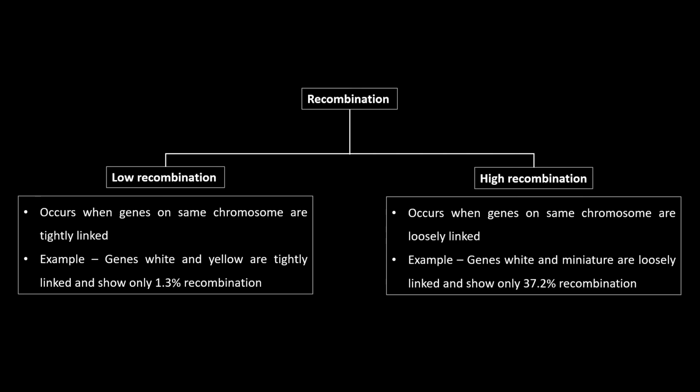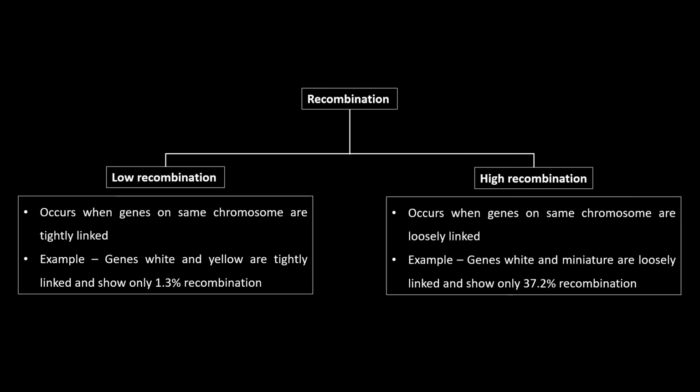Low recombination occurs when genes on the same chromosome are tightly linked, whereas high recombination occurs when genes on the same chromosome are loosely linked. You observe that genes for white and yellow are tightly linked and they show only 1.3% of recombination.